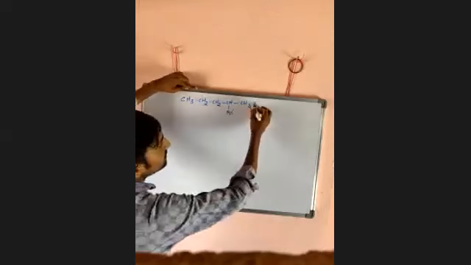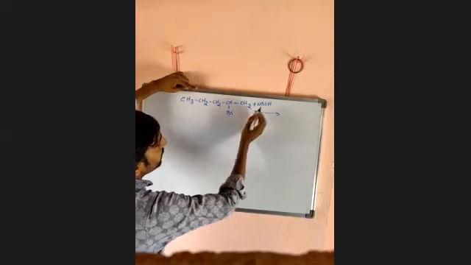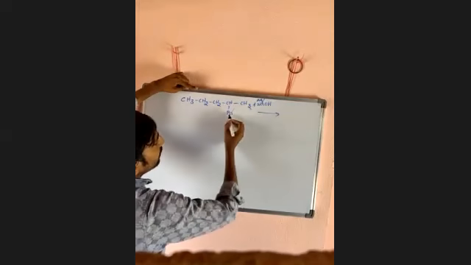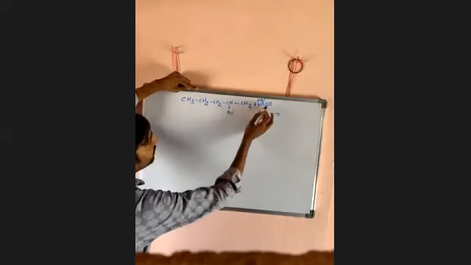When it reacts with aqueous NaOH, what happens? The Na will take that Br and be eliminated in the form of NaBr, and the remaining OH gets there.